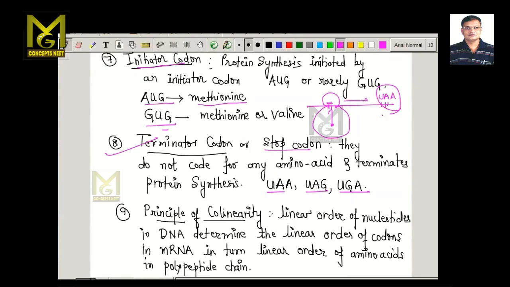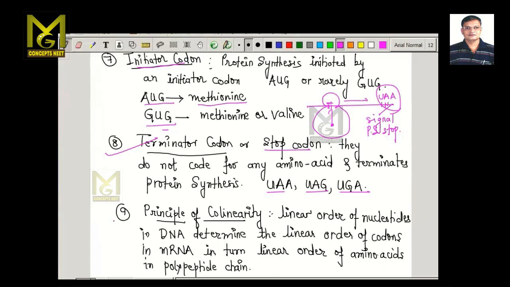This codon is a signal that protein synthesis should stop. So there is no addition of amino acid when the ribosome arrives at this position. The polypeptide chain has to be released into the cytoplasm.